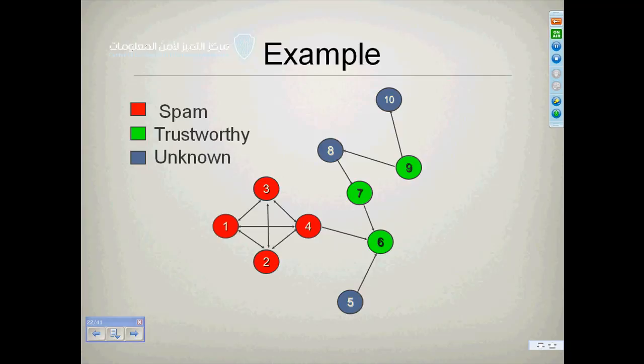Remember earlier on I told you that people try to increase the incoming links by creating some pages and then making links from those pages to their page. So sometimes they create a bunch of pages which are pointing to each other, and these kinds of pages are referred to as page farms.